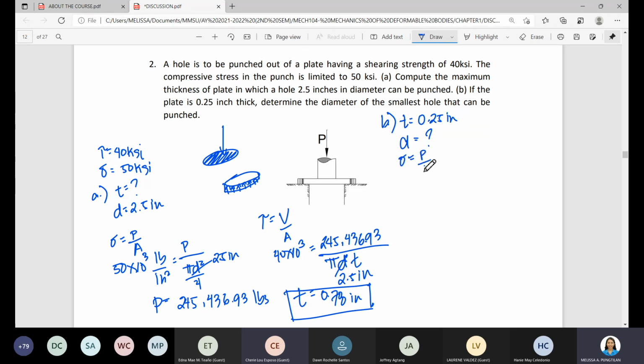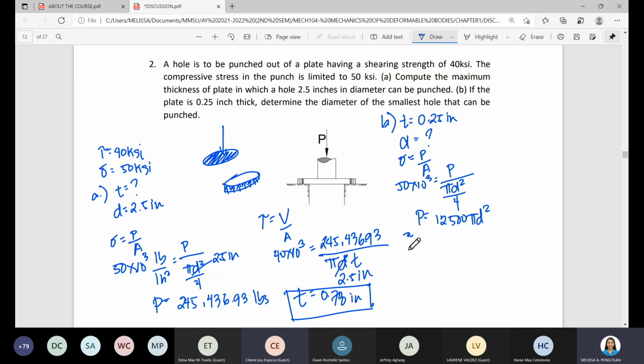So, we have P all over A. So, we have 50 times 10 raised to 3 equals P over the area, which is pi d squared all over 4. So, ang ating P is equal to 12,500 pi d squared.